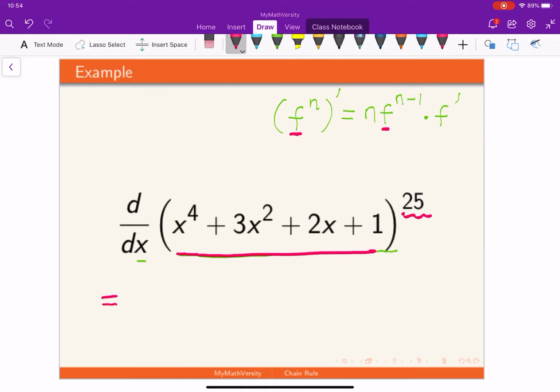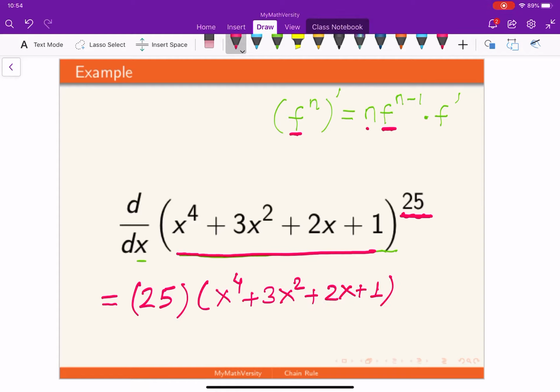We bring the power down as a coefficient, which in this case is 25. Then we write down the base function itself, x to the power 4 plus 3x square plus 2x plus 1, and we subtract the power by 1. So 25 minus 1 will be 24.